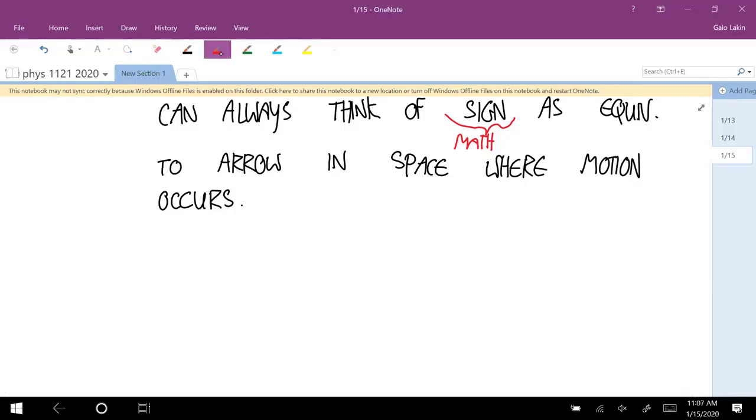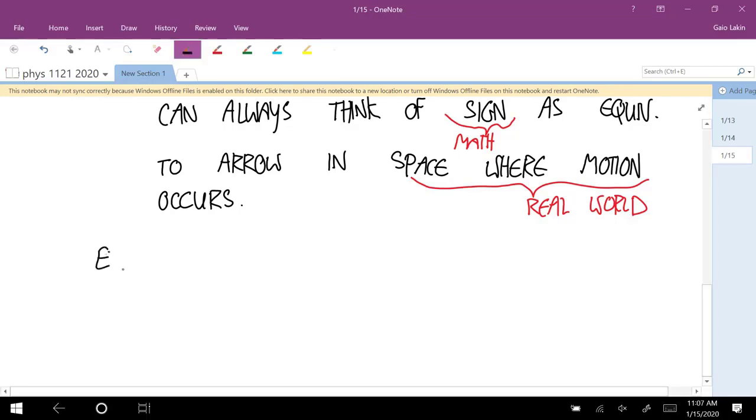So the sign is like in math world, and the space where the motion occurs is in, you know, the real world.